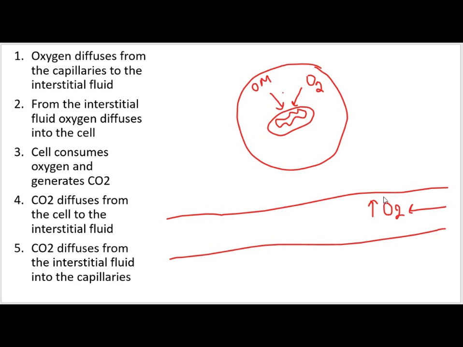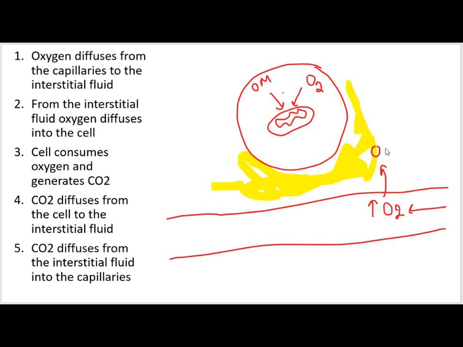So this blood that came over here is going to diffuse, the oxygen is going to diffuse to the interstitial fluid. So basically interstitial fluid is this place right over here, filled with the fluid in between the cells. So that's my interstitial fluid. So the oxygen is going to move from here and into the interstitial fluid.